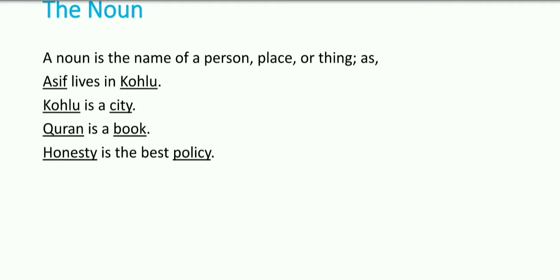Here we have two nouns, Asif and Kohlu, and Kohlu is a city. Kohlu is a noun and city is also a noun. Quran is a book. We have two nouns in this sentence, Quran and book. Honesty is the best policy: honesty and policy. All these are nouns.